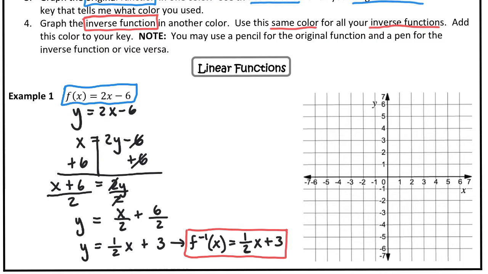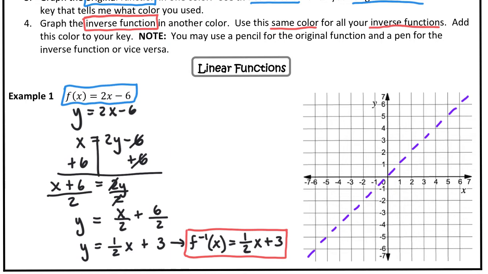But actually, I'm going to try it without a ruler. Okay, so this is my reflection line. It's just the diagonal. The line y equals x is the diagonal across the x and y axis.